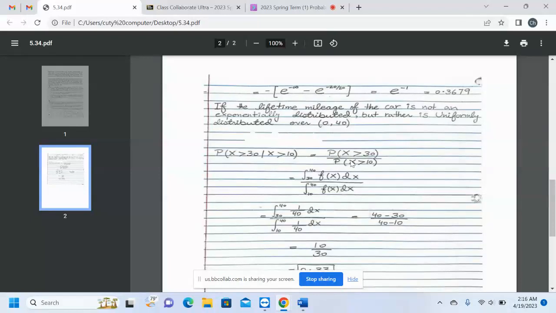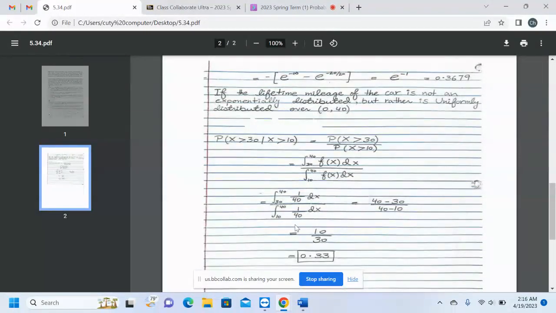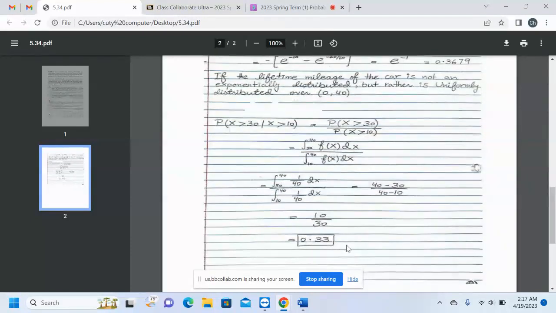Then we insert the function here, which is the integral with upper limit 40 and lower limit 30 of the function dx over the integral from 10 to 40 of the function dx. And we put in the values, solve the integral and get the answer 0.33.